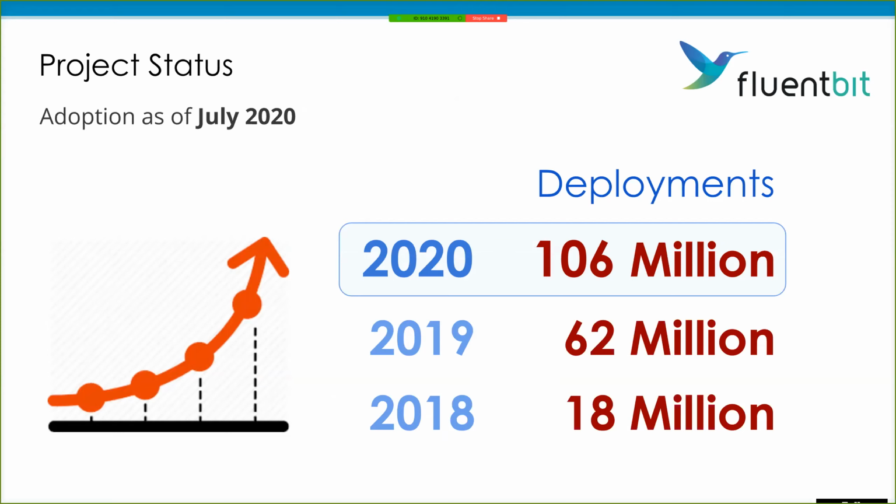That means that Fluent Bit is deployed that many times every day, but also the same node that was created may be destroyed, and maybe that node was created again and is deploying Fluent Bit again. So I would say that this is a cumulative stat and not a unique stat. But in general, we can see the trend that adoption of the project is growing a lot.